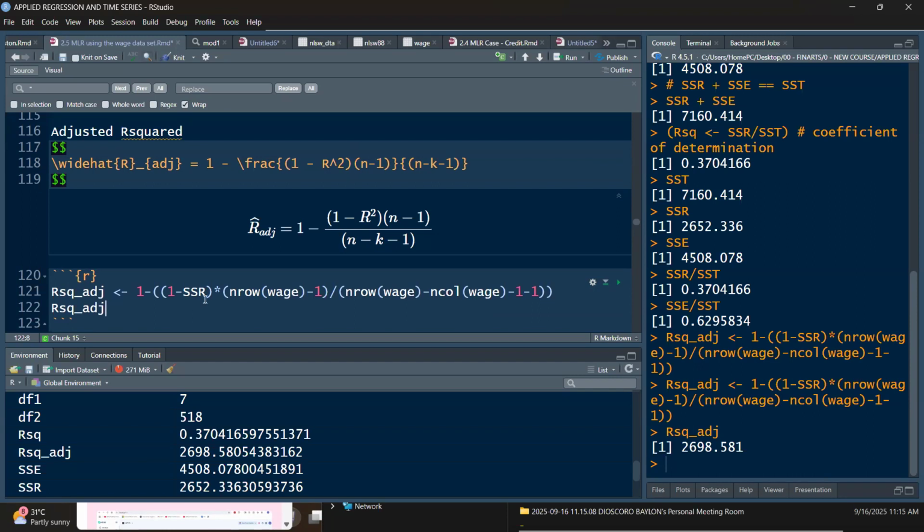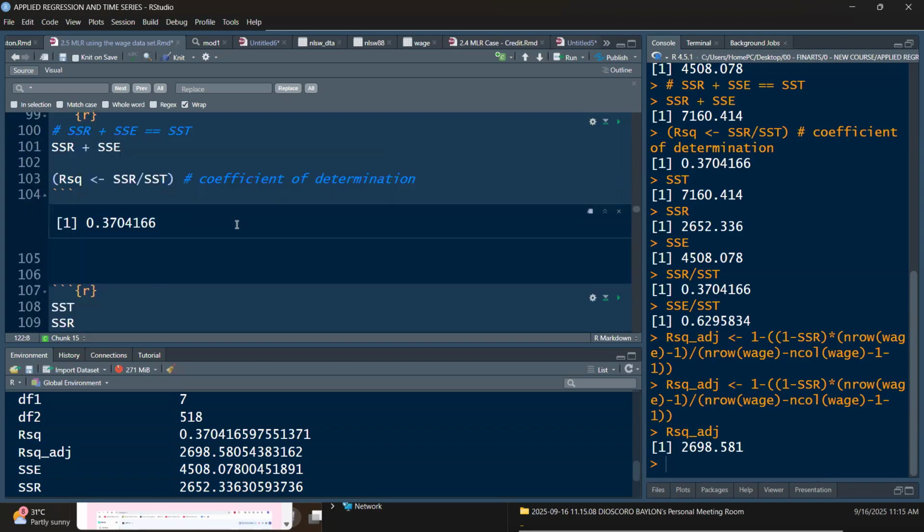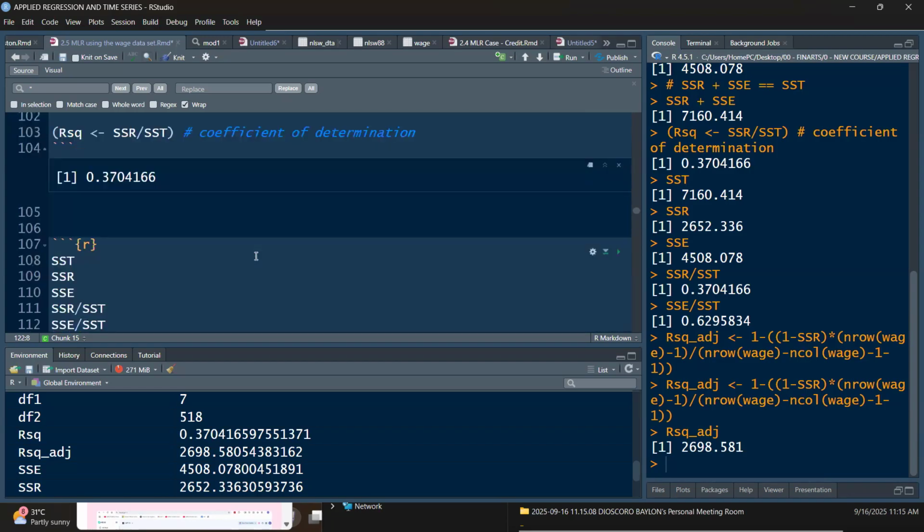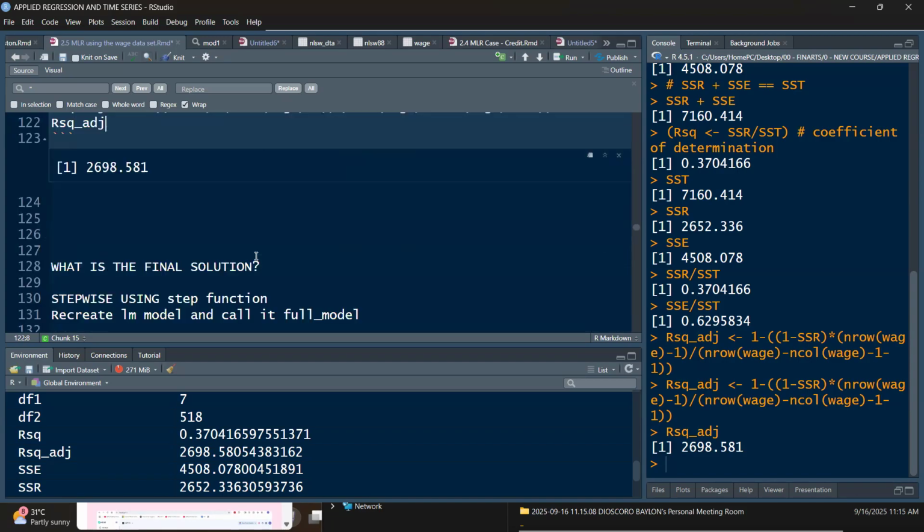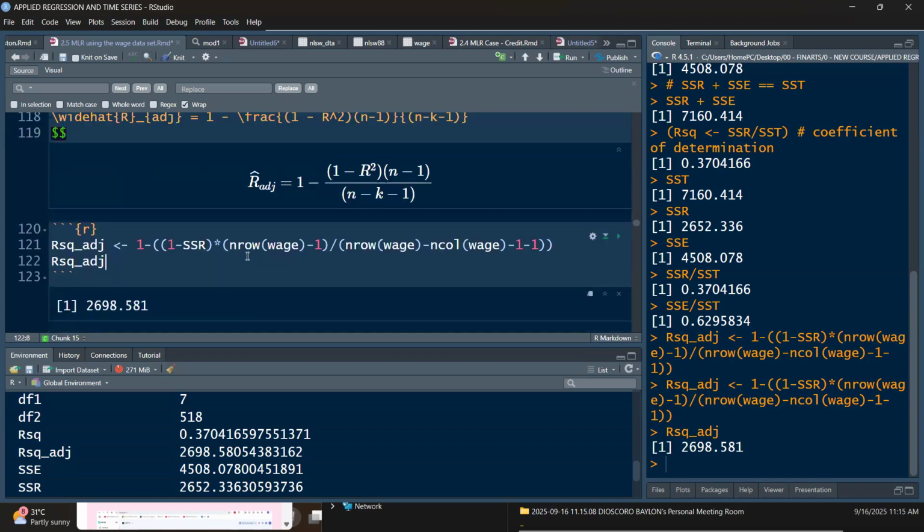Sorry, class, my mistake. R squared is rsq. Why did I use r? Wrong, class, wrong. Sorry. That's not SSR, class. R squared. There you go. RSQ. If I run this, okay, it works.